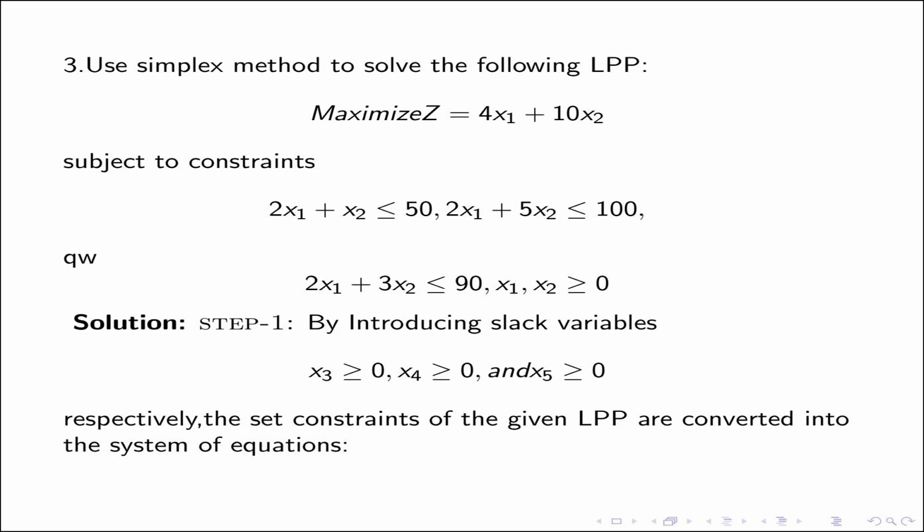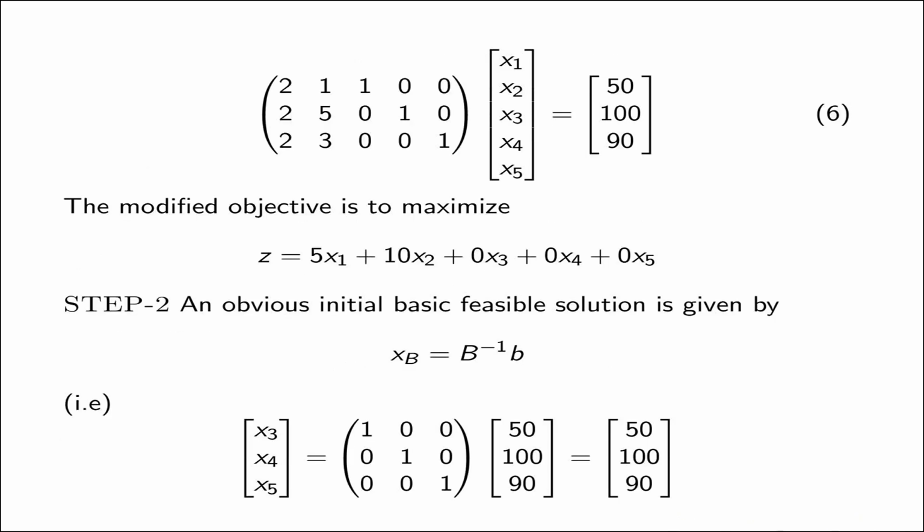The set of constraints of the given LPP is converted into a system of equations. Then the modified objective function is maximize z equal to 4x1 plus 10x2 plus 0x3 plus 0x4 plus 0x5.